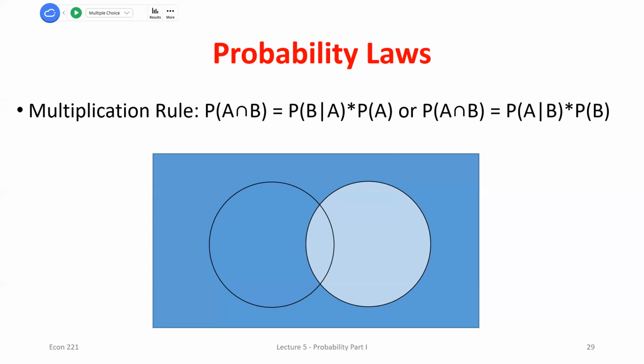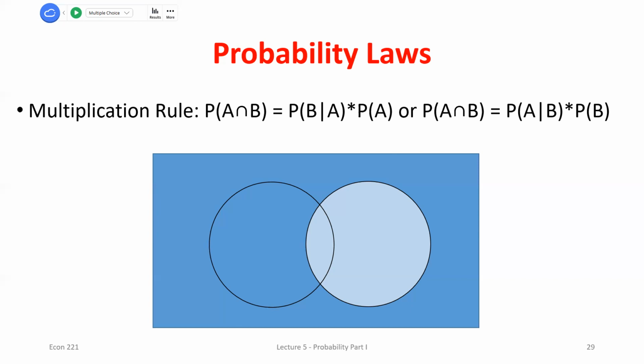But if I think about the conditional probability, maybe I want to know the probability of B given that I know A has already occurred. If I'm told that A has already occurred, I know I have to see an outcome somewhere in this space. I don't know which outcome it is, but I know it's somewhere here.